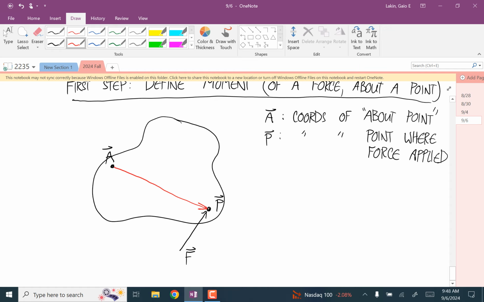This vector going to P from A is called the vector rho, the Greek letter rho, like a script P kind of. So this is the coordinates of P minus the coordinates of A, and it's the vector to the point P from A.